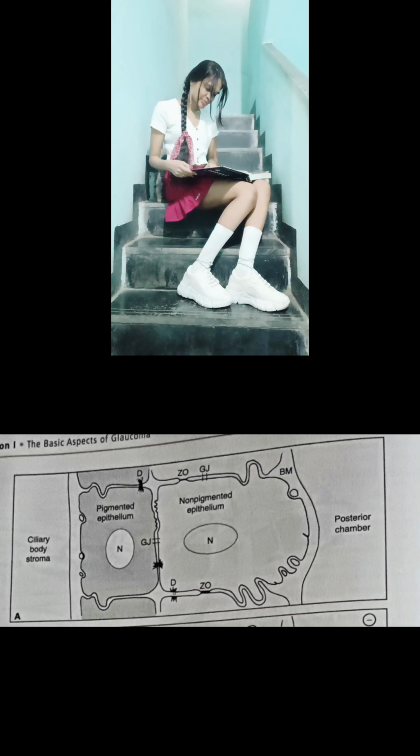The non-pigmented epithelium is characterized by mitochondria, zonula occludens, and lateral and surface interdigitations. The pigmented epithelium contains numerous melanin granules. Additionally, intercellular junctions include desmosomes T and gap junctions G.